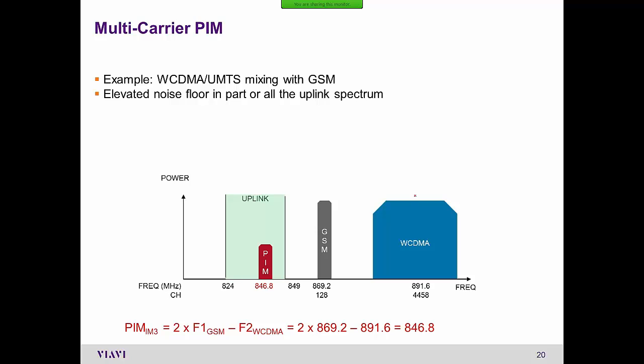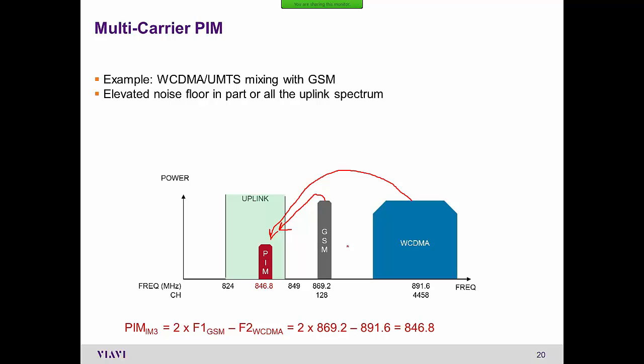These can produce intermods by getting mixed and producing PIM. So in this example, what you see here is this wideband CDMA carrier mixing with this GSM carrier, and those two produce an intermod that falls into an uplink. If there's a PIM issue, they get mixed, and a PIM artifact appears in an uplink.